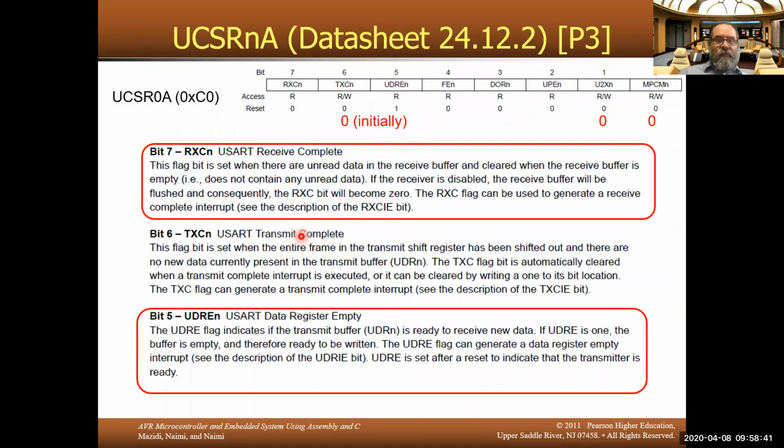Okay, this isn't the interrupt enable bit. This is the data register empty bit, but we'll go back into interrupt enable in a minute. If this bit is a 1, and note initially on reset it is, and we haven't done anything to change it, it means the transmit buffer is ready to receive another character. So we haven't transmitted anything. We don't have anything in the transmit buffer. So this bit is always going to be 1, saying the data register for transmit is empty.